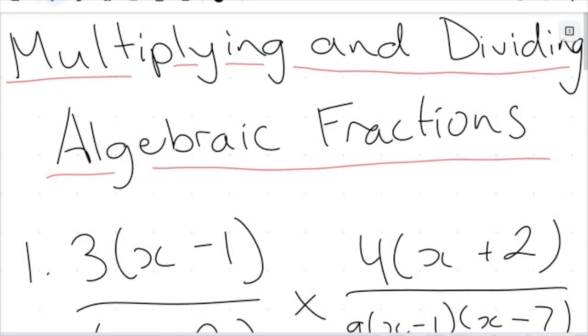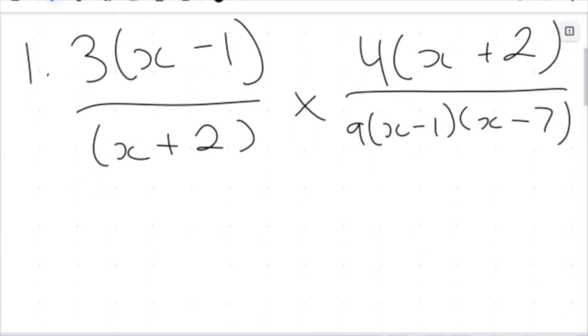So some of the explanations are going to be a bit quicker for this video because I'm more concerned with applying the things we know about factorization to multiplying and dividing algebraic fractions rather than the actual multiplying and dividing, the things you would have done a couple of years ago for fractions. So we'll jump straight into some examples here.